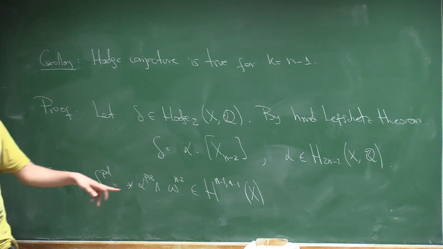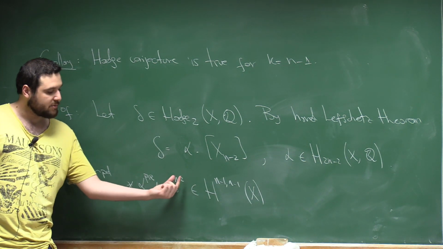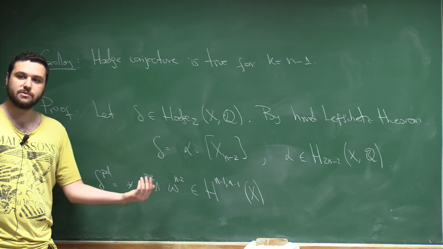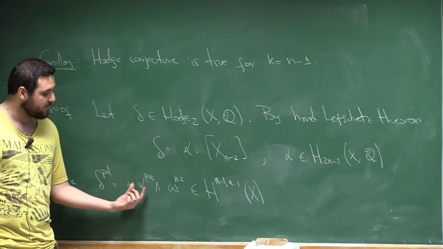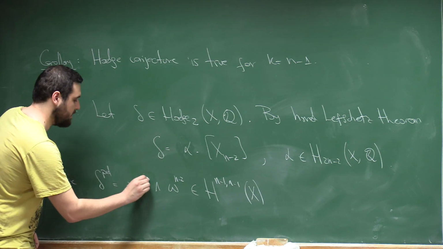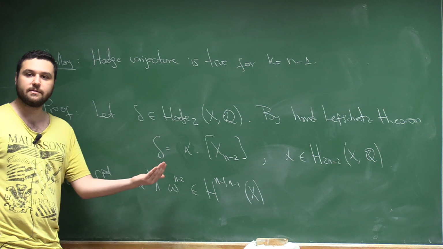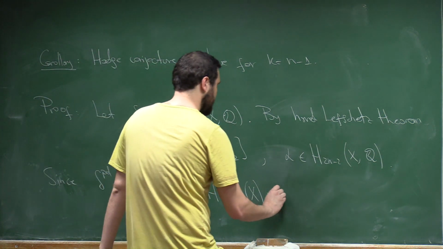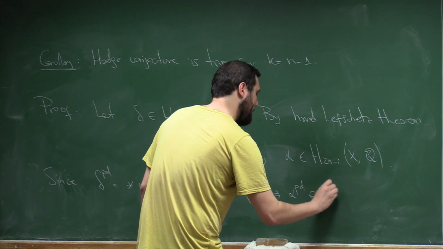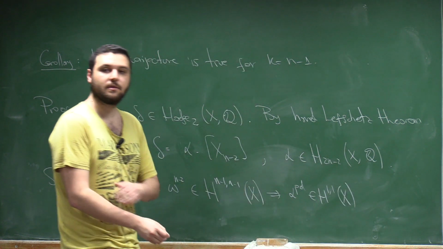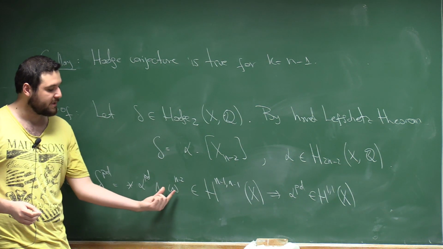So since this is a Hodge cycle, we know that omega to the n minus 2 is an (n-2, n-2) form, right? So in particular, this alpha PD must lie in H^{1,1} of X, right? It's because we're composing with the Lefschetz operator.